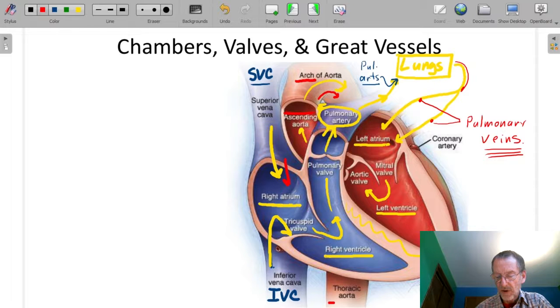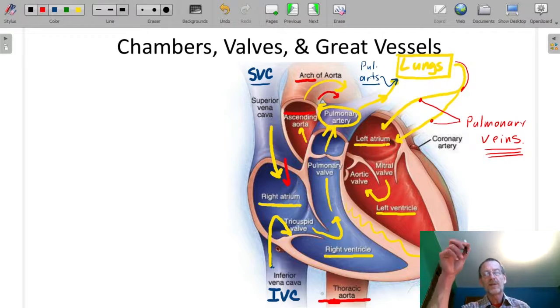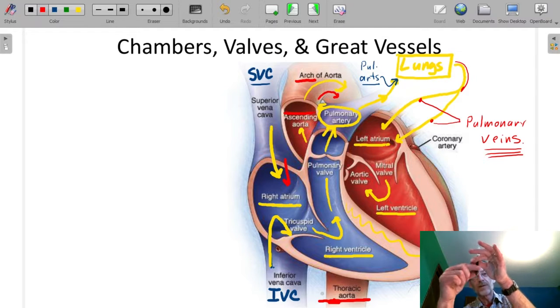And that part of the descending aorta that is in the thorax, the thoracic cavity, is referred to as the thoracic aorta. Once the thoracic aorta goes through the diaphragm into the abdomen, it's referred to as the abdominal aorta. But the thoracic aorta and the abdominal aorta are both considered descending aorta because it's going down inferiorly.